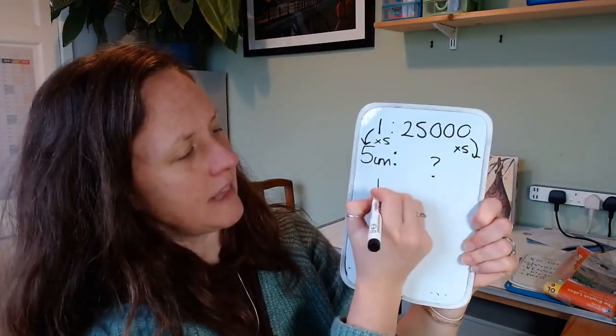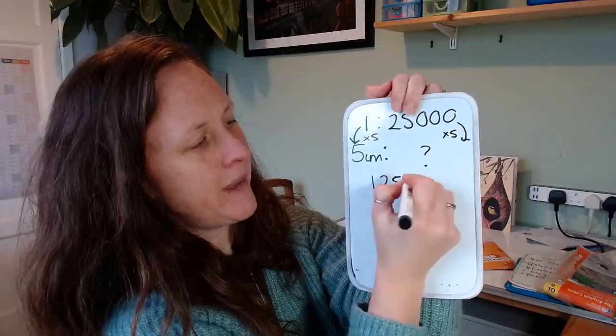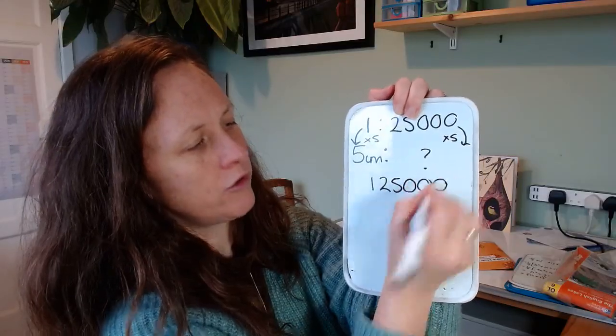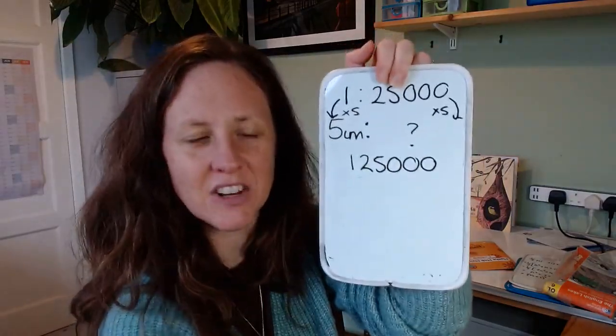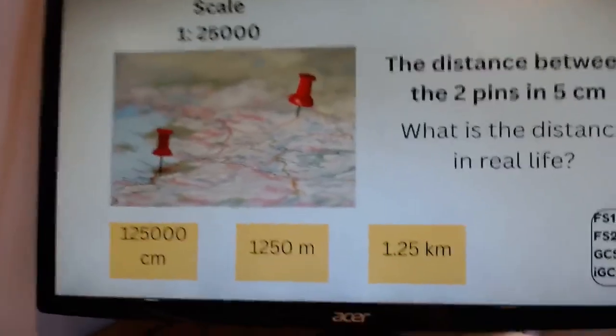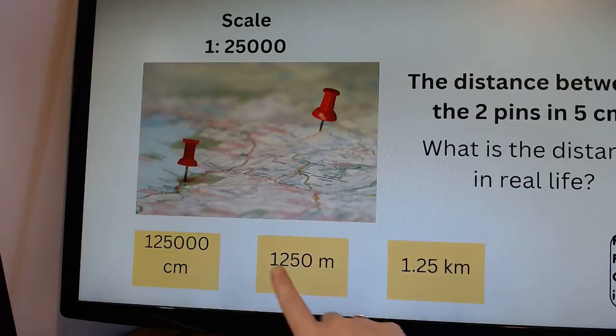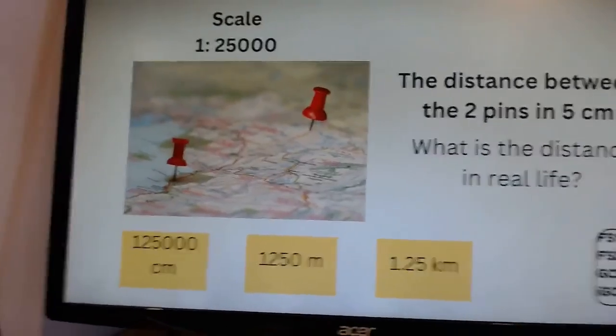125,000. Now the key here is, what units is that? What does that number mean? What does that 125,000 actually mean in units? Let's have a look at my 3 options again. 125,000 centimetres, 1,250 metres, 1.25 kilometres.